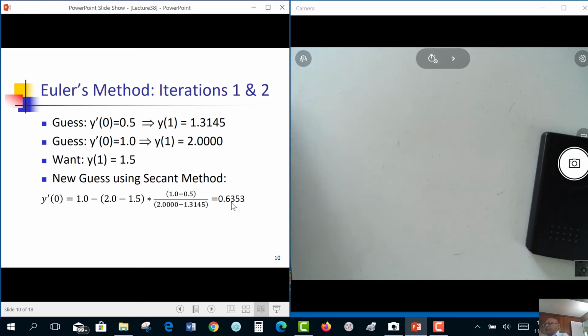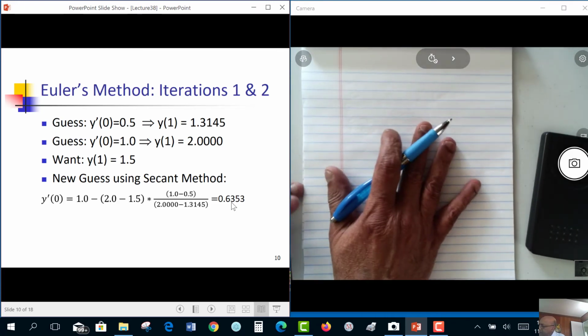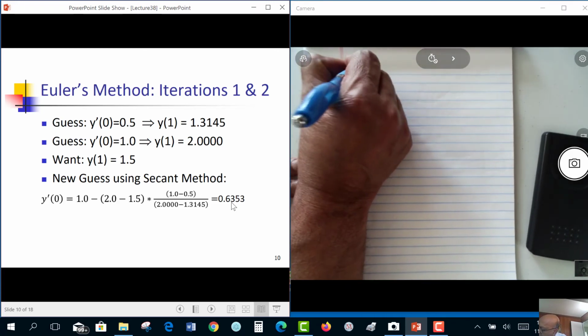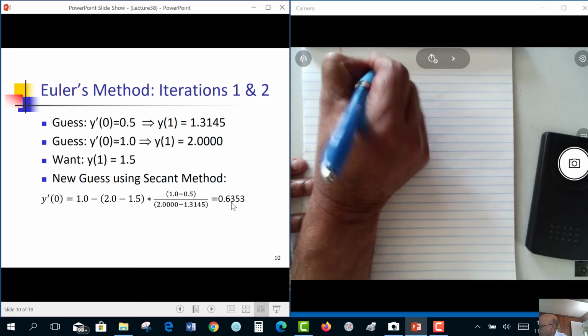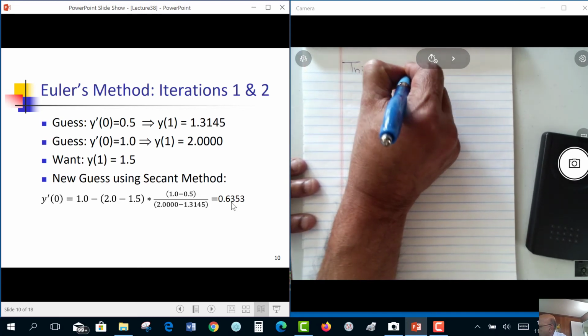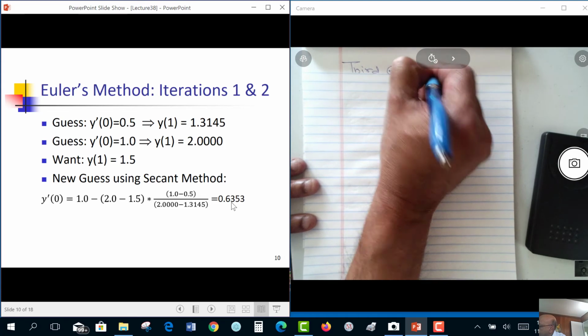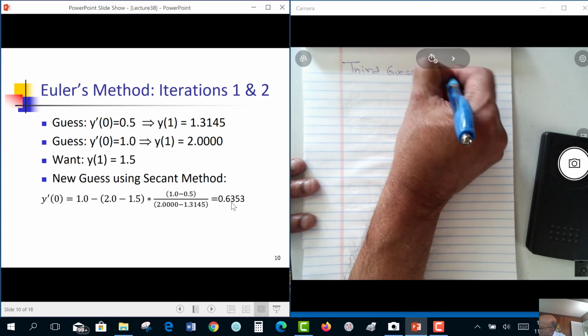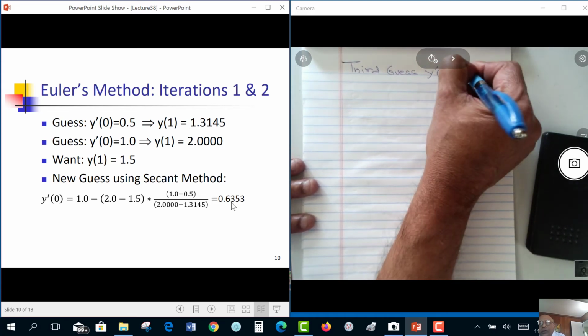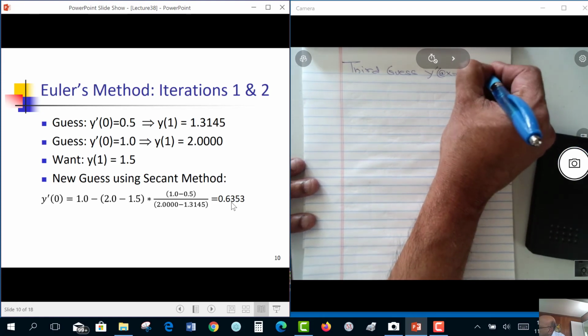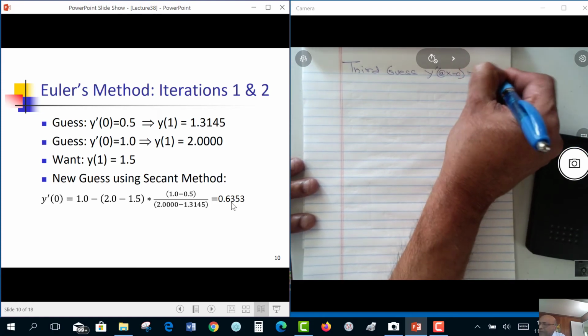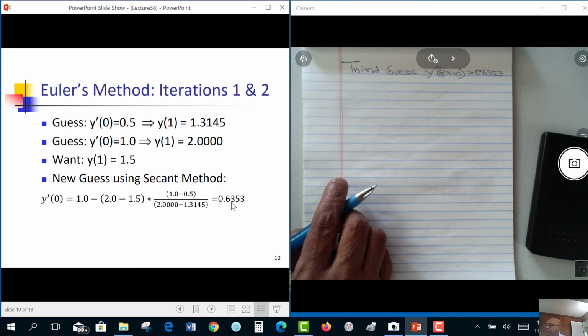So our next guess, third guess, for y prime at x equal to 0 is going to be 0.6353.